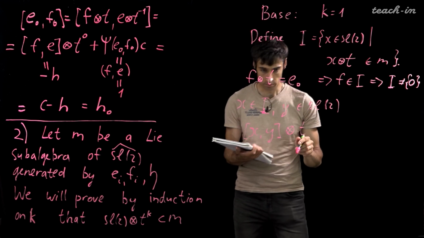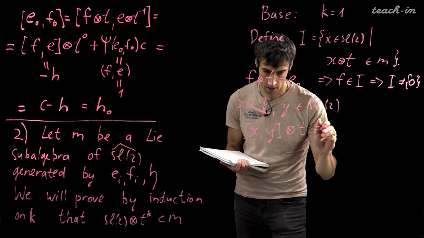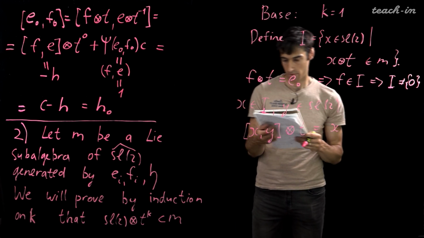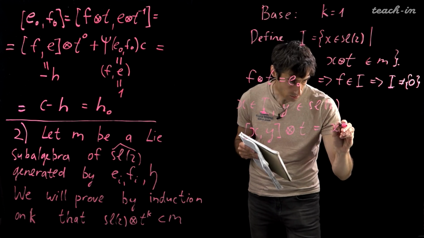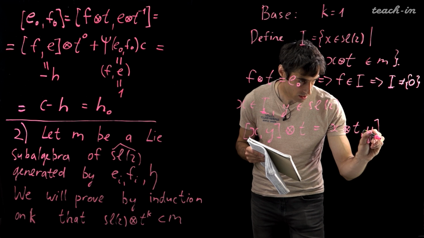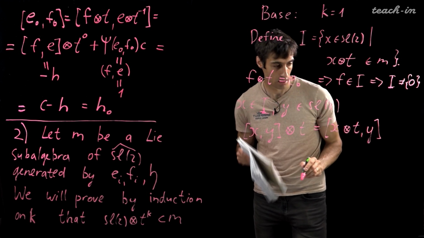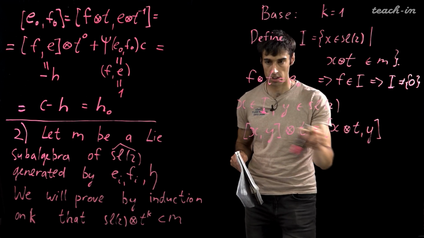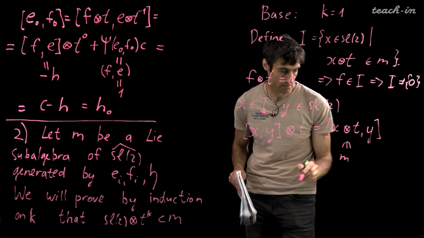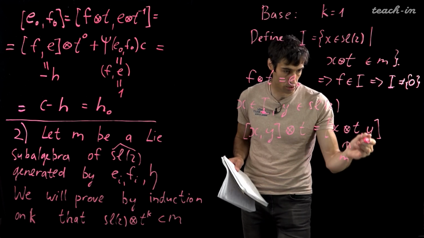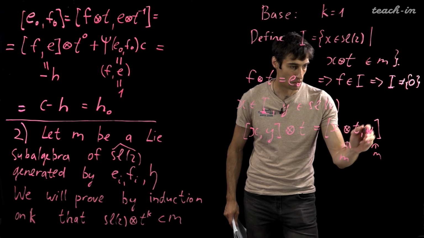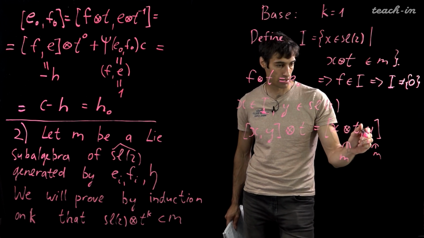Well, this I can write as X tensor T with Y. Since X is in I, we know that this belongs to M. And Y also belongs to M, because it's an element of SL2, right?